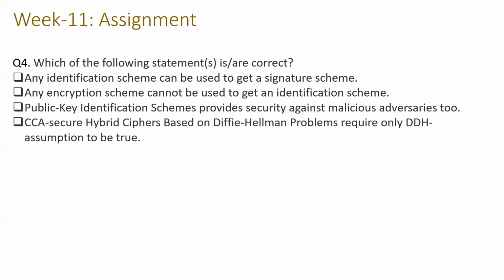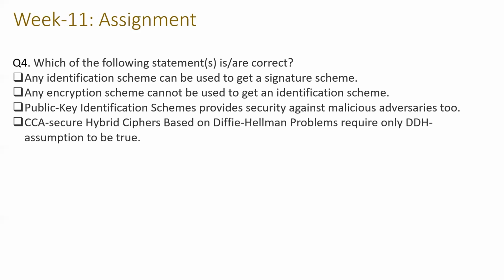The malicious adversary does not have access to the secret key, yet it tries to participate in the game and generate a valid response to a challenge chosen by the verifier. But it is not actually possible for the adversary to do so, which is ensured by the security of the identification scheme. So an identification scheme provides security against malicious adversaries.